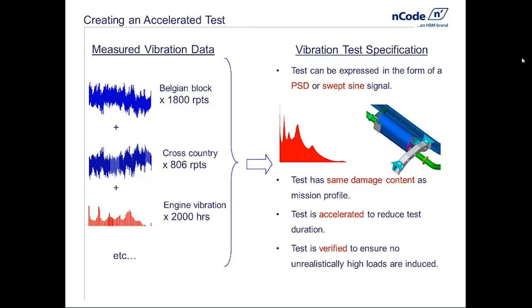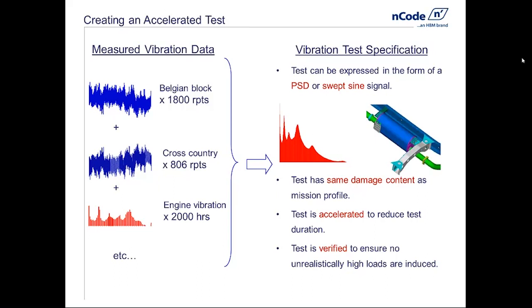What we don't want to do is unrealistically accelerate a test by increasing its G loading, say its RMS loading, to the extent that we end up with different failure modes than the typical ones we've seen in the measured mission data. For example, if we have an isolated system, we don't want the G loading to become so high that we have metal-to-metal contact.